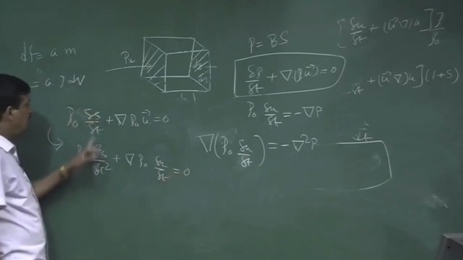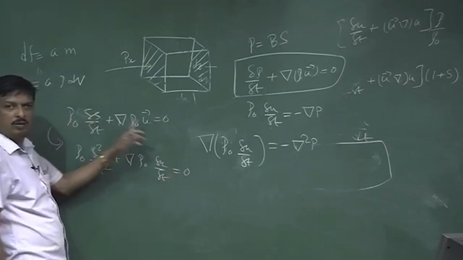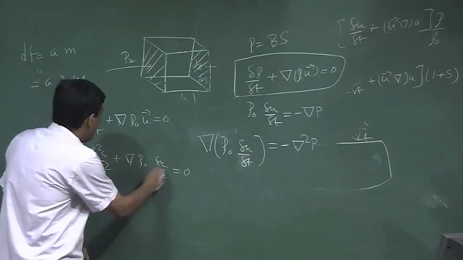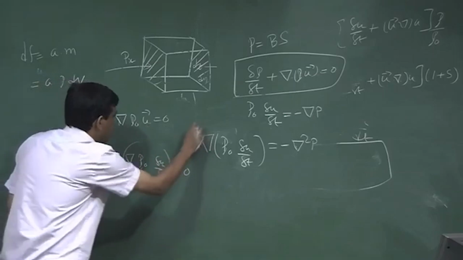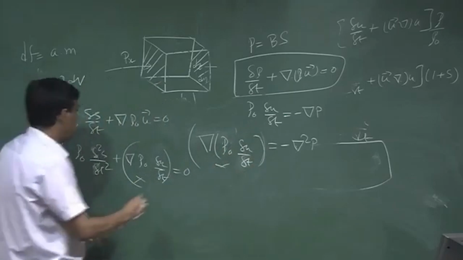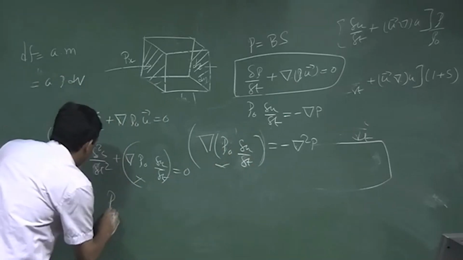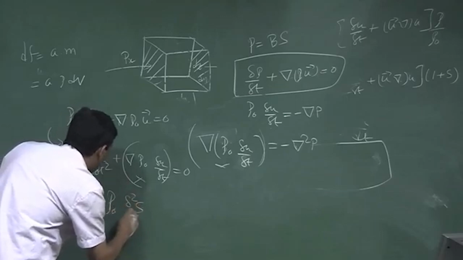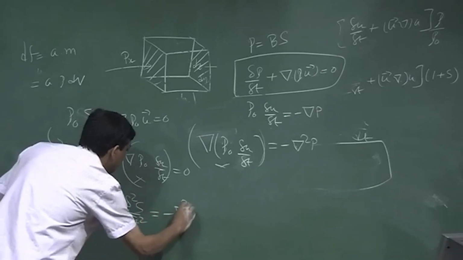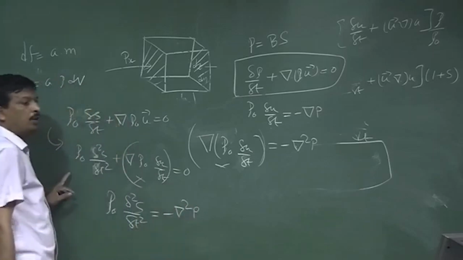Okay or not? I am taking the time derivative of this equation. Now, the divergence term and this term are the same. So, I can write rho 0 del square s by del t square is equal to minus del square p.